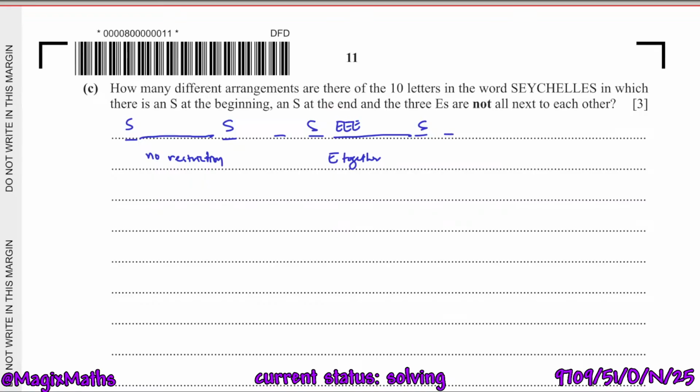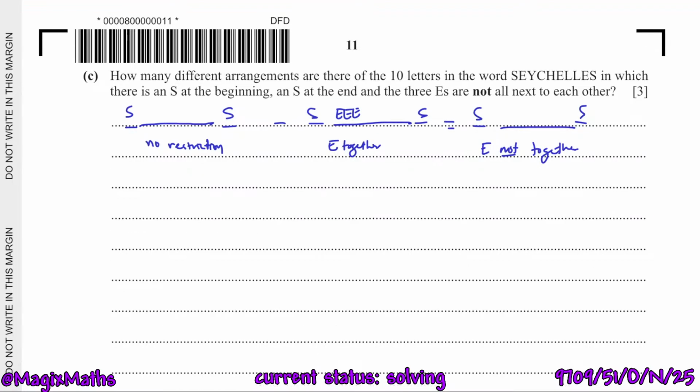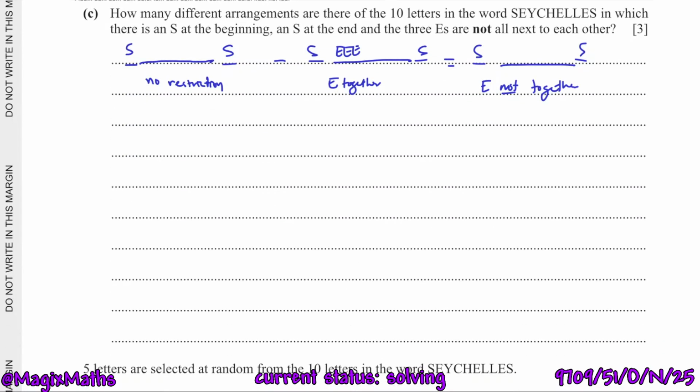So then we are left with S at the beginning and end with E not together. So S in the beginning and S at the end, it means that we just neglect them.